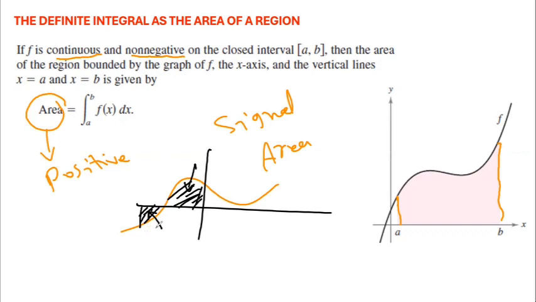So you'll get the net area. That's what you get, a signed area, a net area. You don't get the exact area between the curve and the x-axis. So it's very important to notice this. This net area will be negative if the area below the x-axis is larger than the area above the x-axis. It would be 0 if they match each other.